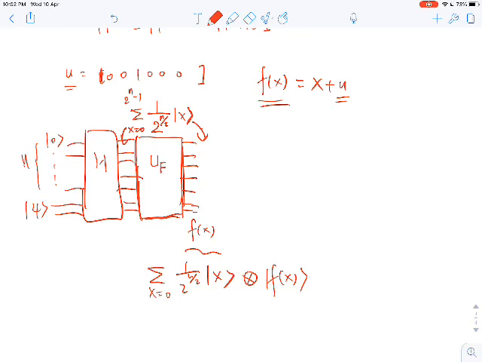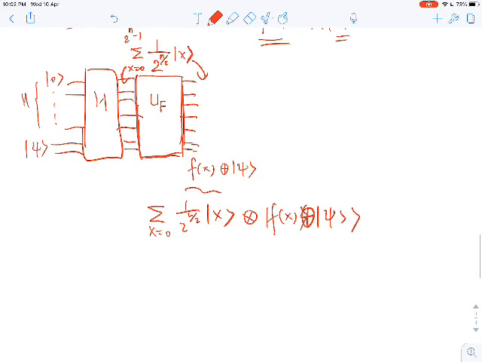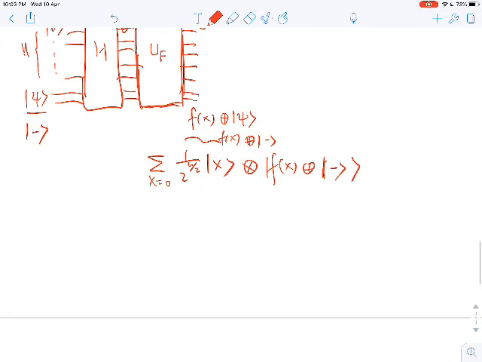We should know that if the initial state of the storage qubit here is phi, then we write it as f(x) XOR phi, like we have talked about. And in this algorithm we set this phi to minus. Here is f(x) XOR minus, and we rewrite it like this.